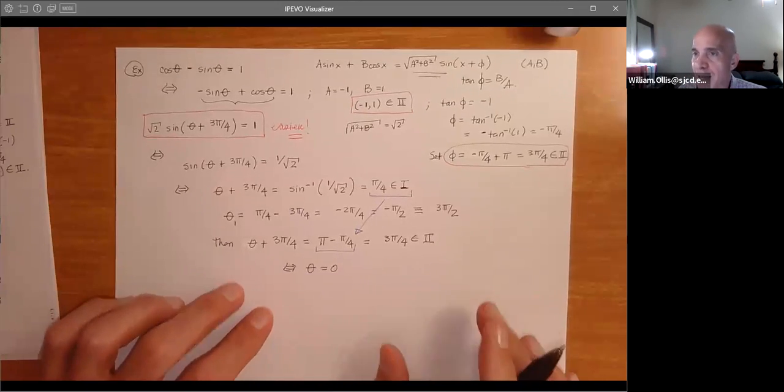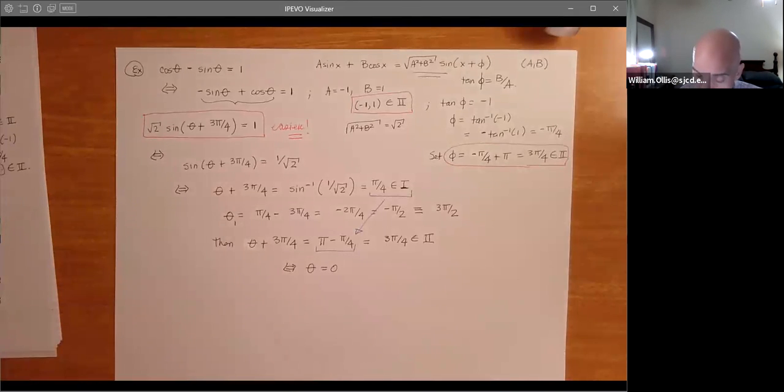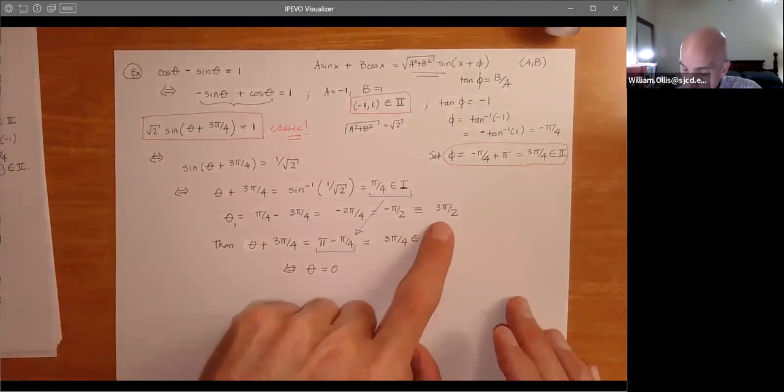Now 0 is fine. That's just multiples of 2 pi, right? Because in that case, we're thinking, what do we need to be able to make this work? Well, if we take 0 and we add a multiple of 2 pi, or negative multiples, we get all the solutions, just like we're going to have to do with this one.